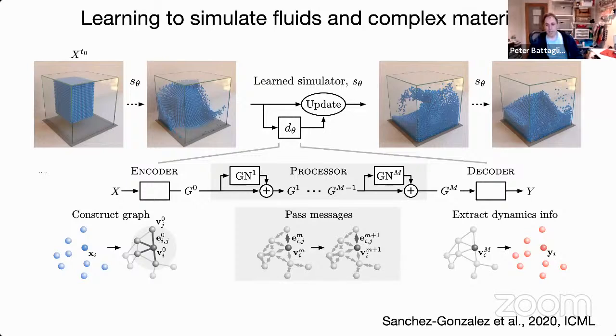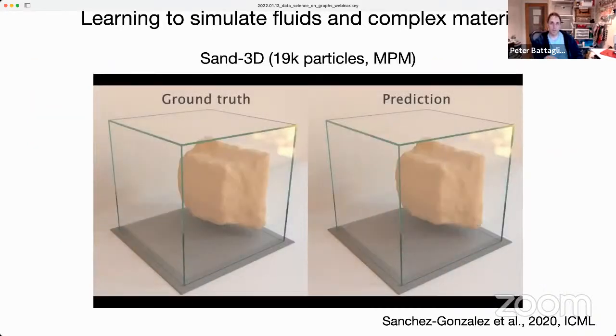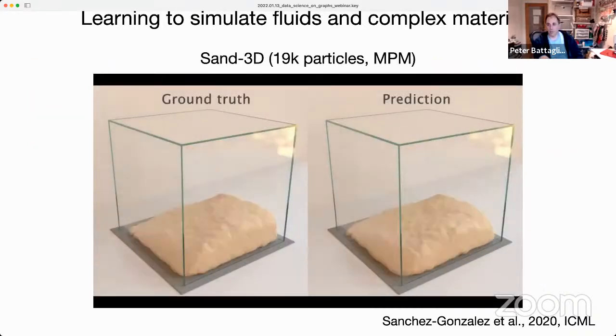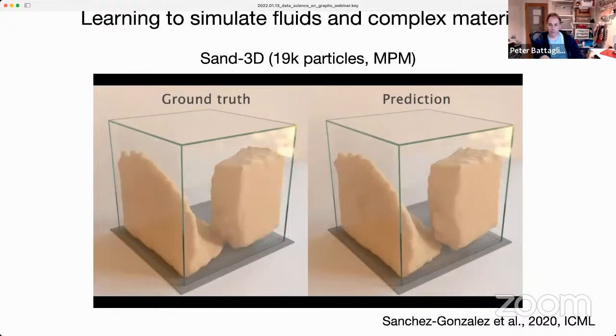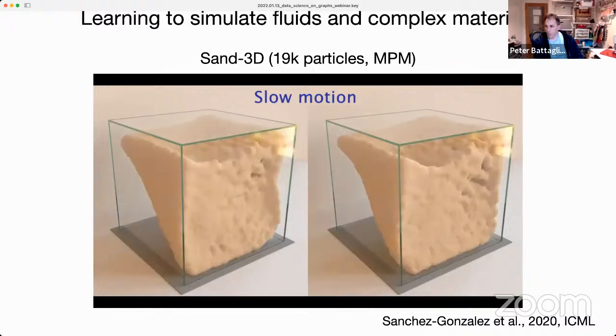But basically, SPH, smoothed particle hydrodynamics, is a Lagrangian method for discretizing and numerically integrating the Navier-Stokes equations. We also use the material point method. SPH is very general, and MPM is, I think, a more graphics-specific simulation tool.